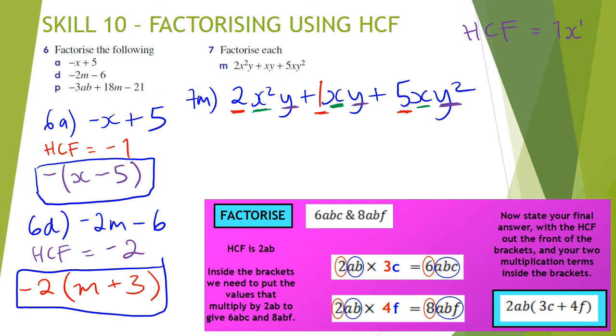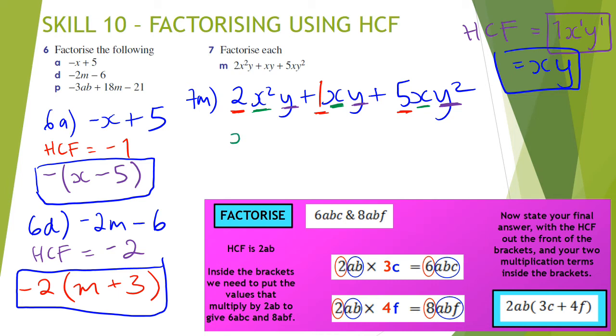So we'll only put in y to the power of 1. And if we rewrite this highest common factor, it would only need to be xy, because we don't need the 1 out the front and we don't need the 1s for the powers to be written. So our highest common factor is xy.